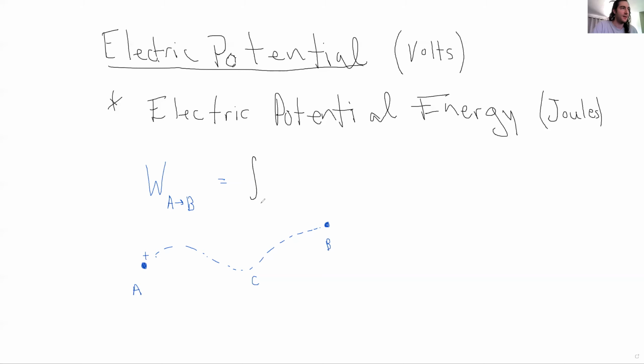This is why I gave the path a name, C. Some force vector field F that acts on the particle, dotted into some differential which measures length along the path. It's like dr, for example, here.